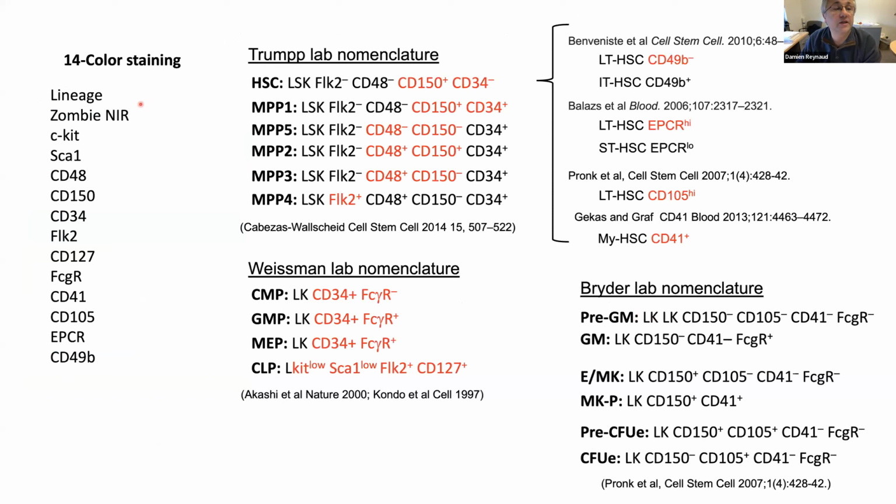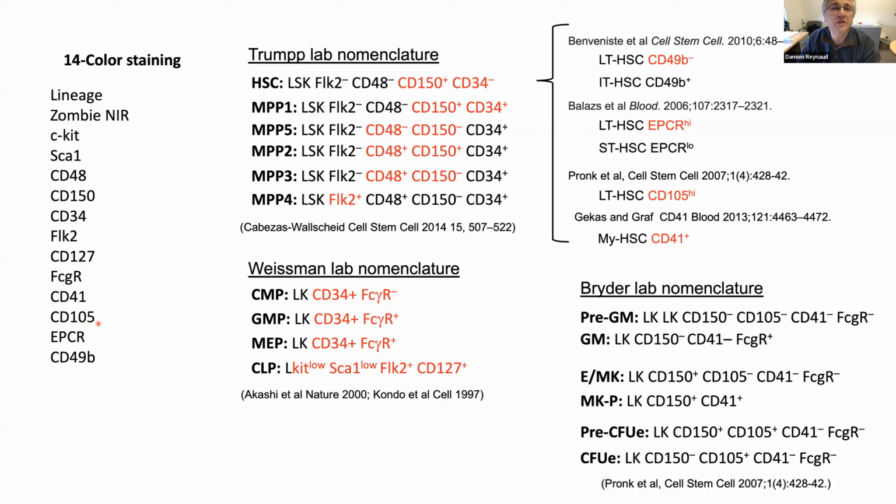It's a 14-color staining, which includes a lineage cocktail to exclude all the lineage-positive cells and focus on the HSPC compartment, a live and dead discriminant, which is the Zombie dye, and these different markers, which include c-KIT, SCA1, the SLAM markers CD48 and CD150, CD34 and FLT2 or FLT3, the IL-7 receptor, Fc gamma receptor, CD41, CD105, EPCR, and CD49B.